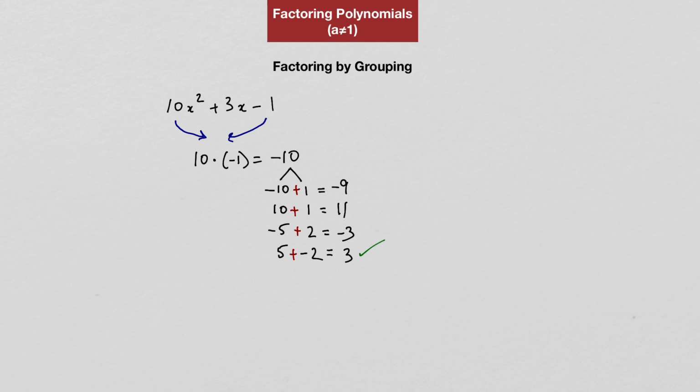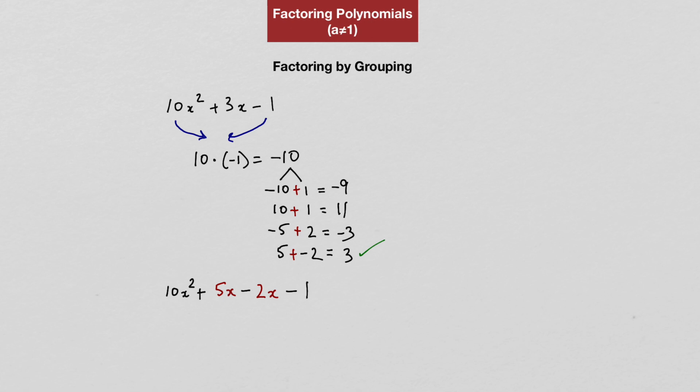The next step is to rewrite this polynomial as 10x squared plus, now instead of writing 3x, we're going to replace that with 5x minus 2x minus 1.